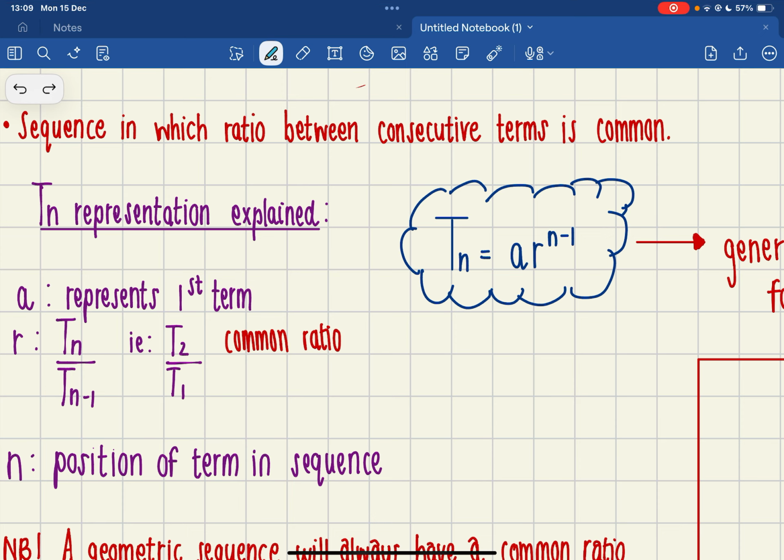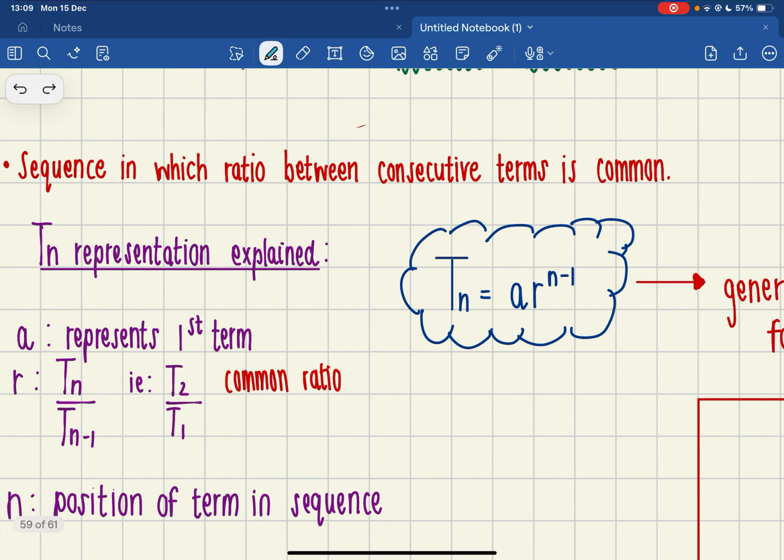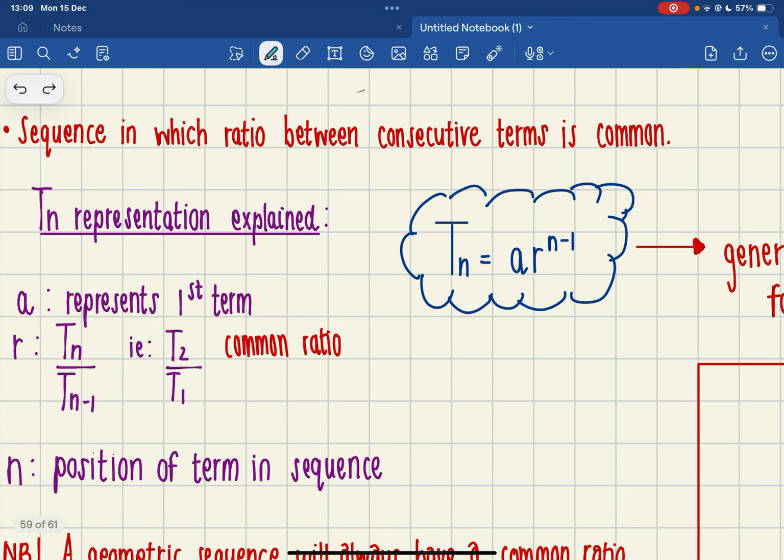How do we find this common ratio? The formula for finding the common ratio r is T of n over T of n minus 1. In layman's terms, it is the bigger term over the term less than the bigger term.